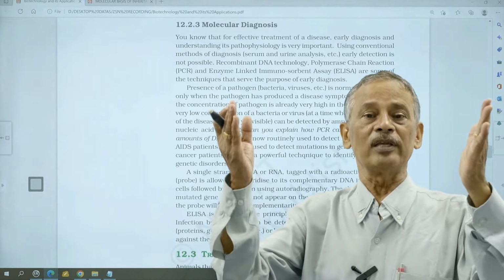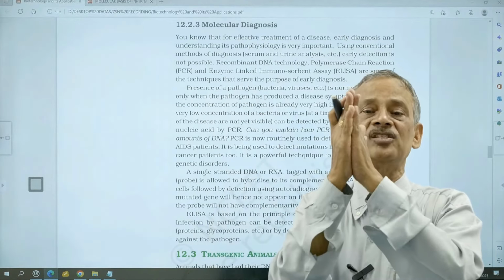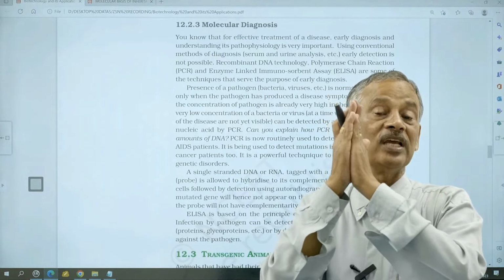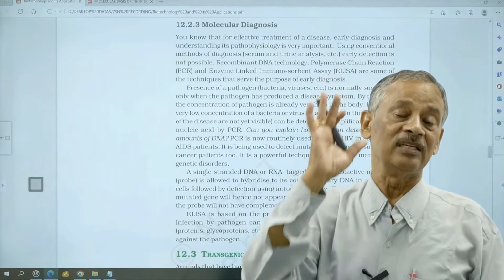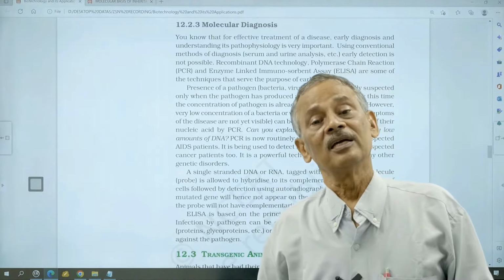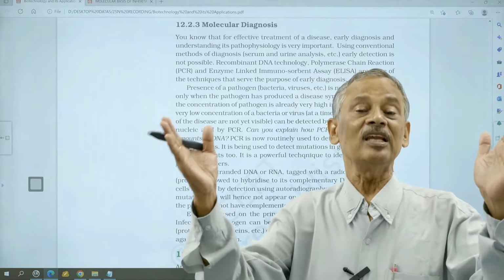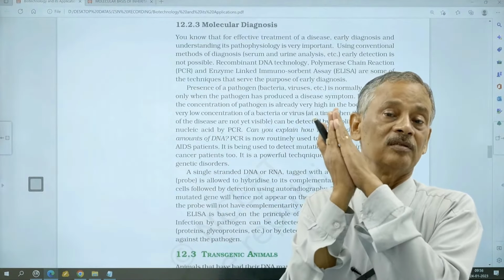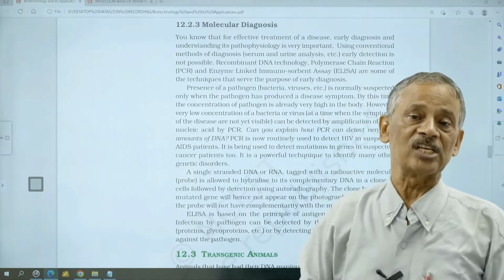You are allowing your gene to be hybridized with this probe molecule. The probe is a single-stranded DNA or RNA for a healthy character, for a healthy gene. That is taken as the probe and is hybridizing with the gene. This is called DNA probe hybridization.